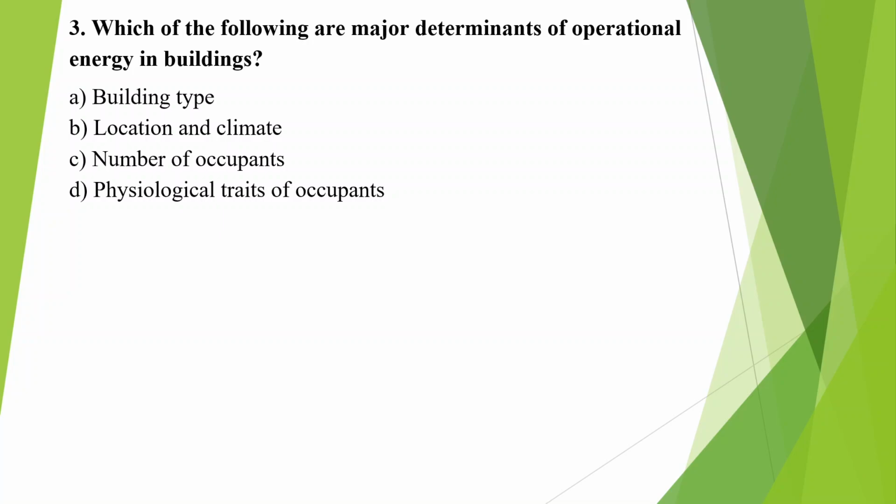Two people living in a similar kind of house in the same location will have different bills, because it also depends upon the psychological traits of the occupants: at what temperature they feel comfortable, how much energy they utilize and for what purpose, how they are wasting it. So option D will also be there.